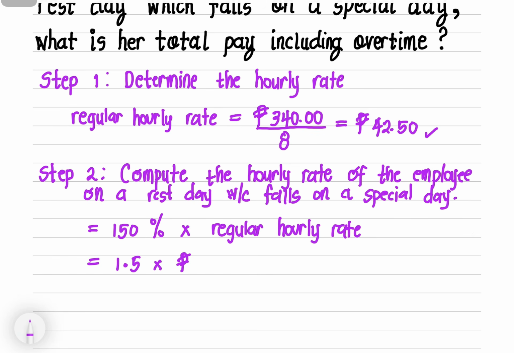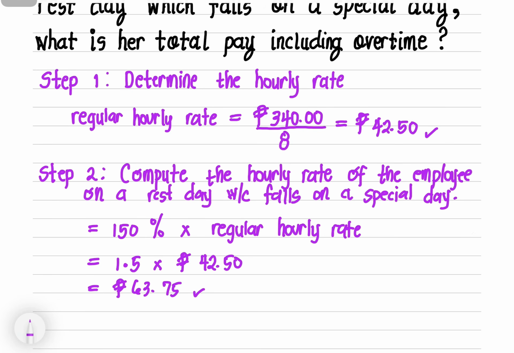Isa-substitute lang natin yung guys. So, 42.50. And then, kapag multiply natin to, class, that is equal to 63.75 pesos. Okay?